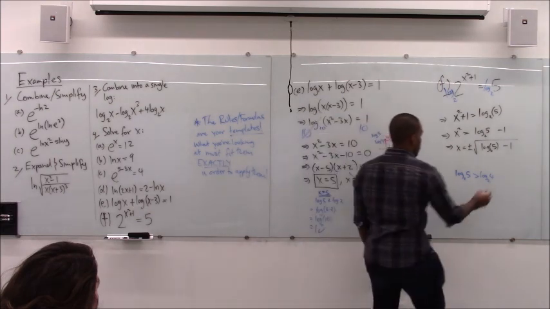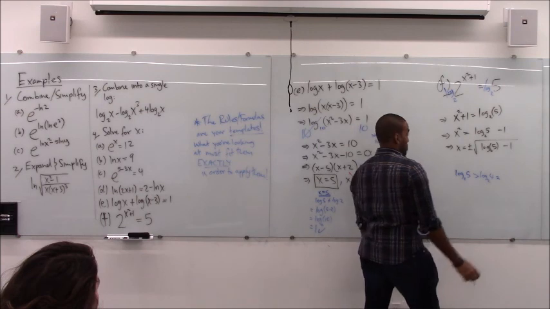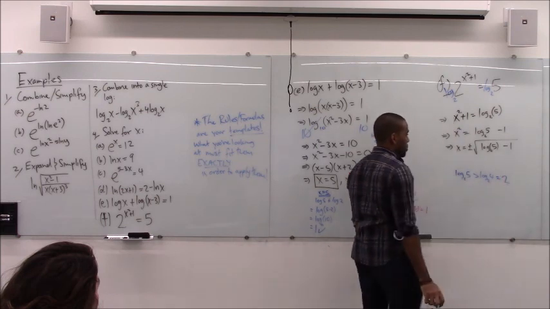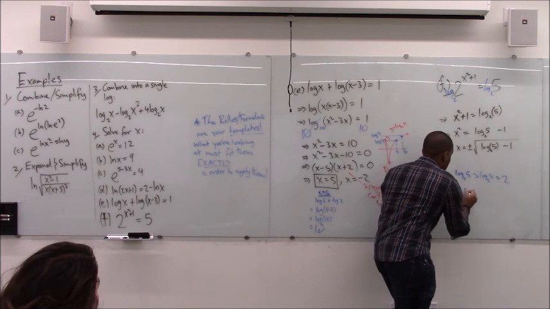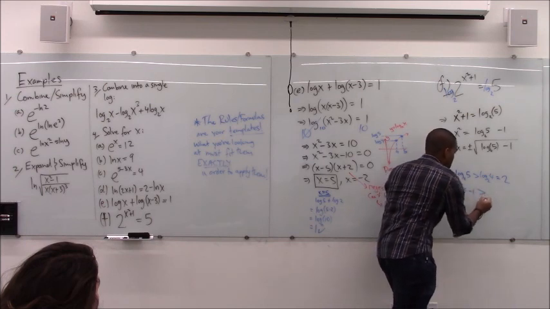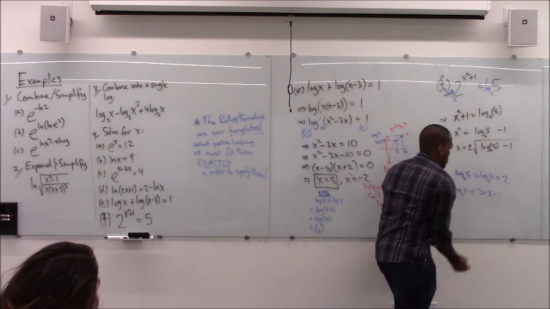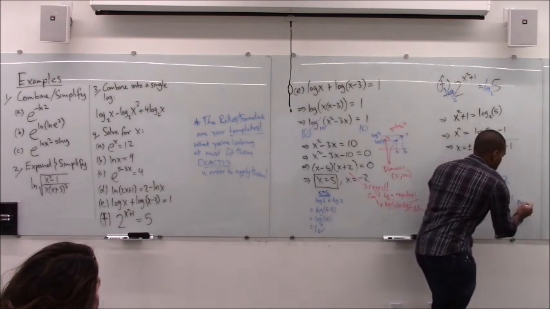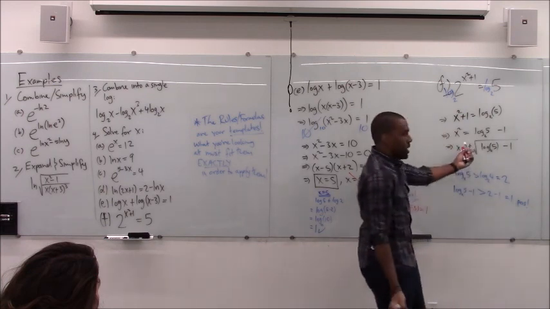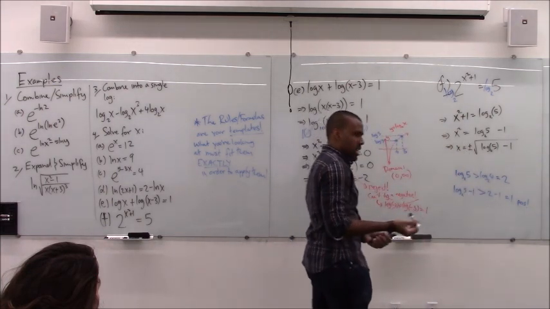But what is the log of 4? Log base 2 of 4 is actually 2. So log base 2 of 5 minus 1 is bigger than 2 minus 1. That's bigger than 1, so it's positive, which means taking a square root actually makes sense. So this answer actually makes sense.